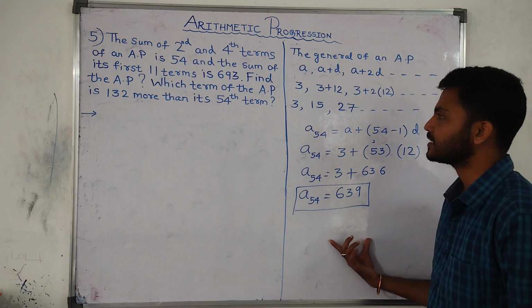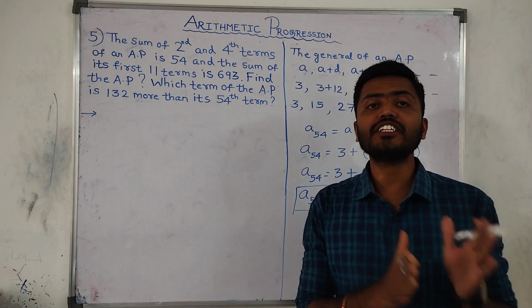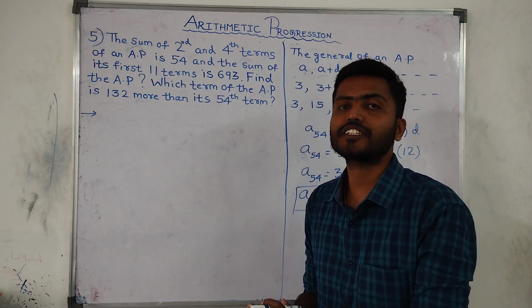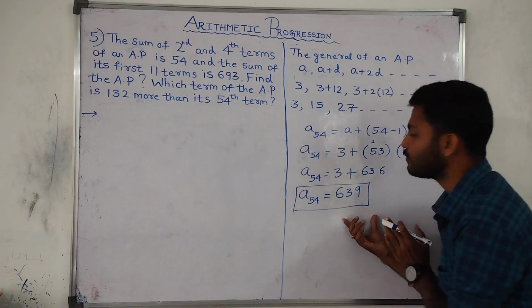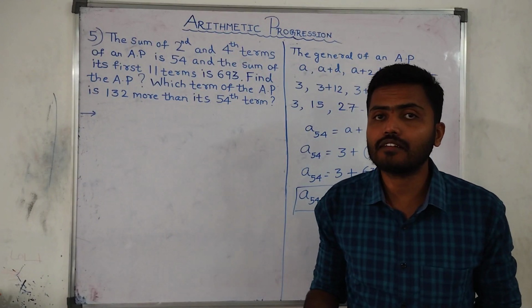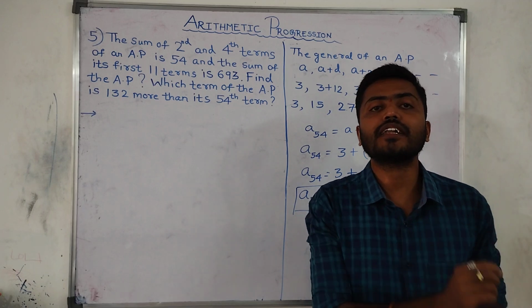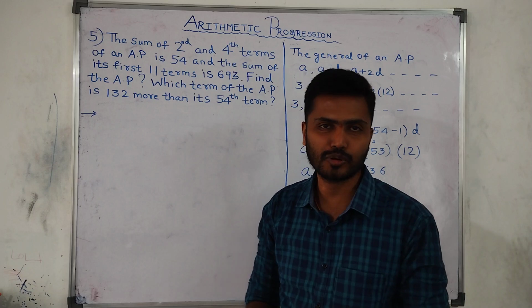Alright, I hope you have understood till here, children. So now we have to find out which term of the arithmetic progression is 132 more than the 54th term. We do not know which term it is, right? So what we will do? We will consider that term to be the nth term of this arithmetic progression.